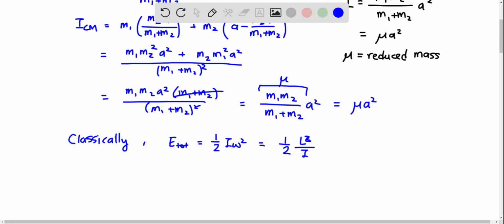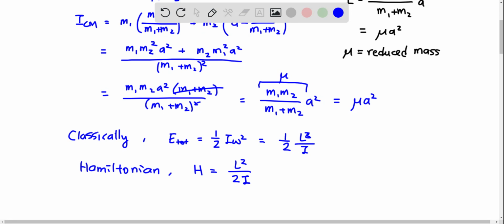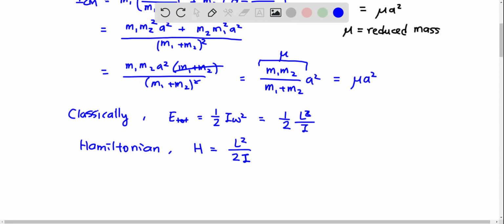So the Hamiltonian H is L square over 2I. In quantum mechanics, we know the eigenvalues of the L square operator are l times l plus 1 h bar square.